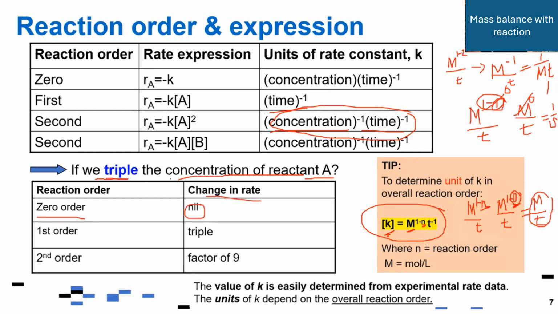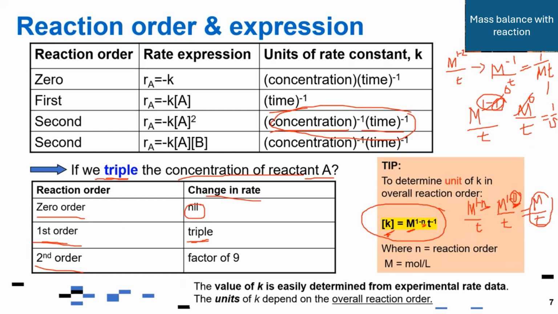But if we triple the concentration of reactant A in the first order, what happens to that one? It's the same amount or the order of increase as well. So if we triple the concentration, the change in rate will also triple. All right. For the second order, it is the square of that concentration.